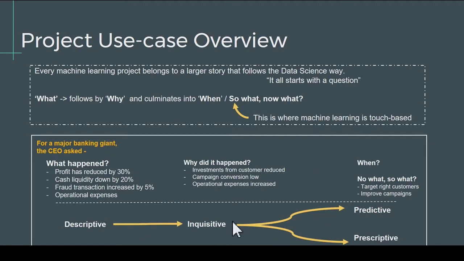So let's just try to understand this with a simple example. So what happened? We would say profit has reduced by 30%. That's descriptive analysis. Why did it happen? It's primarily happening because investments from customers have reduced, operational expenses have increased, campaign conversions are low. Okay, so you're saying campaign conversions are low. Why did that happen?